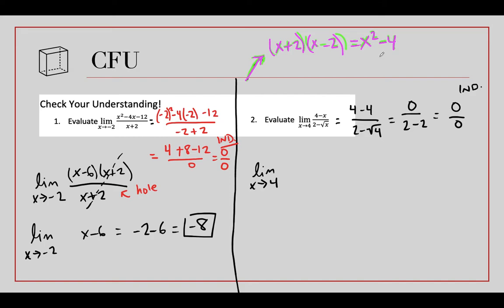Okay, and you can look at this forwards and backwards, right? So let's say you're given x squared minus 4. You know that it can break up into its perfect square factors. I know the square root of x squared is x, and the square root of 4 is 2. And I'm just going to have two factors, positive and negative, because that positive and negative gets rid of my b term.